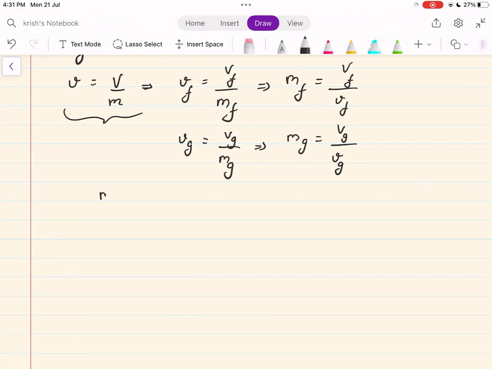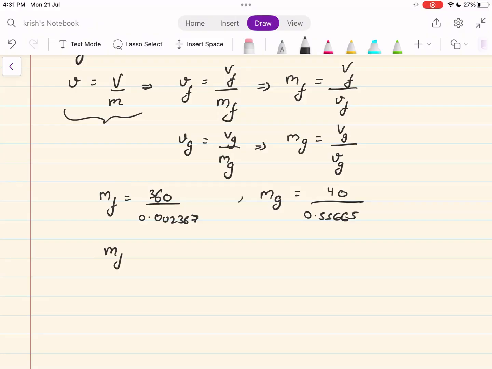So now we can substitute the values and we will see mf equals Vf, which was 360, upon the small vf, which was 0.002367, and similarly mg, which was 40, upon the small vg, which was 0.55665.